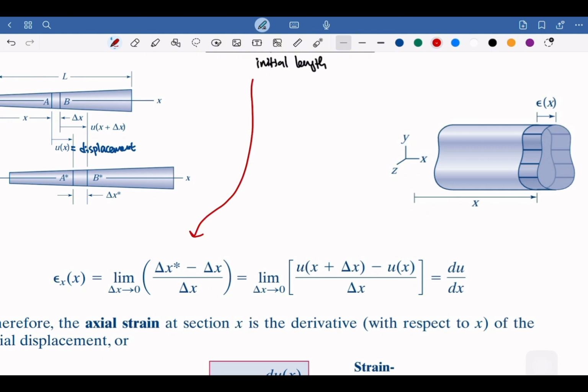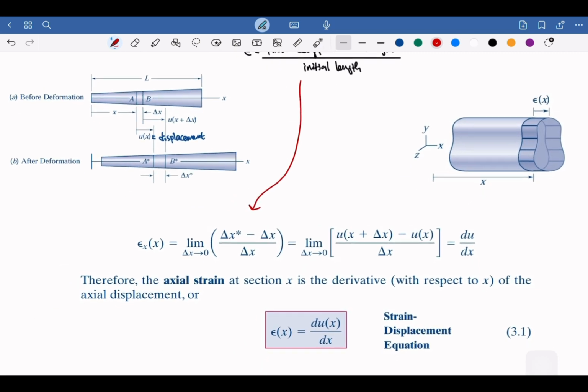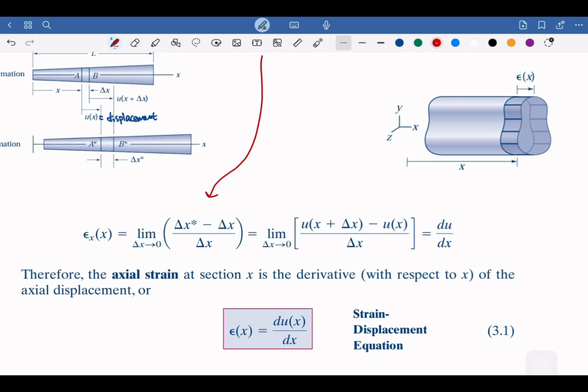Now we are going to have the axial strain, which is basically the differences in ux over dx. This is what we call the axial strain.